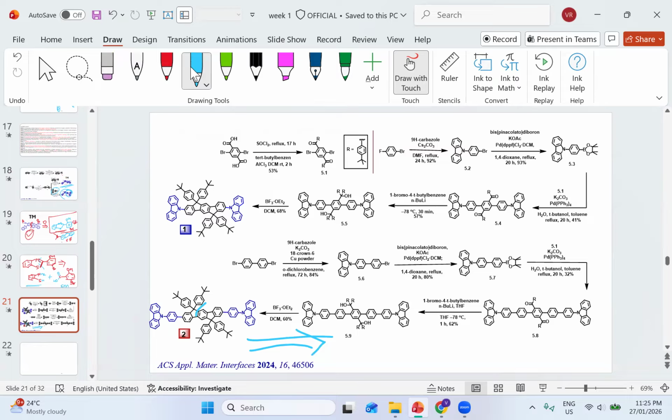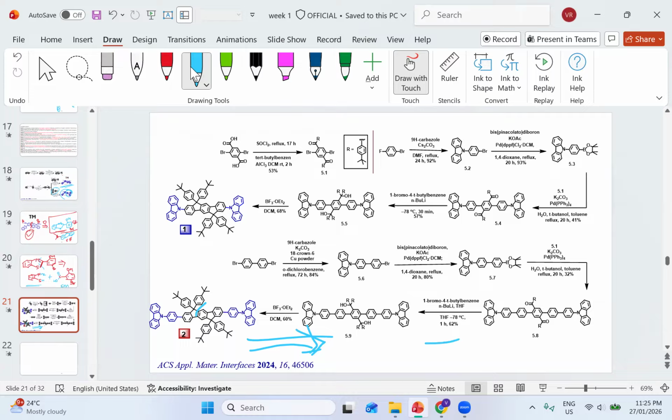Not directly the alcohol, there will be an intermediate in between. So upon disconnection, we get this alcohol, and if you look at this alcohol, this is the ketone.